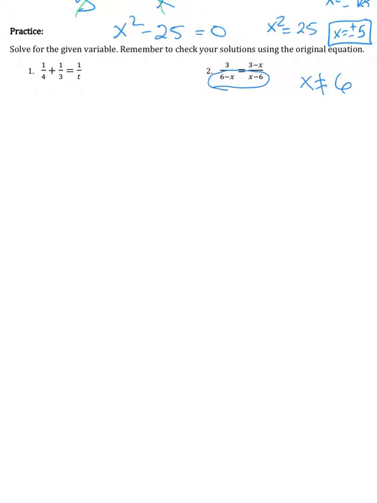Now, if you remember back, we had some problems in the last unit where we can factor a -1 out of here. If I factor a -1 out of both terms, I've got -1 times -3 over -1 times x minus 6. Again, taking a -1 out of the positive 6 makes it a -6, and taking a -1 out of negative x makes it a positive x.